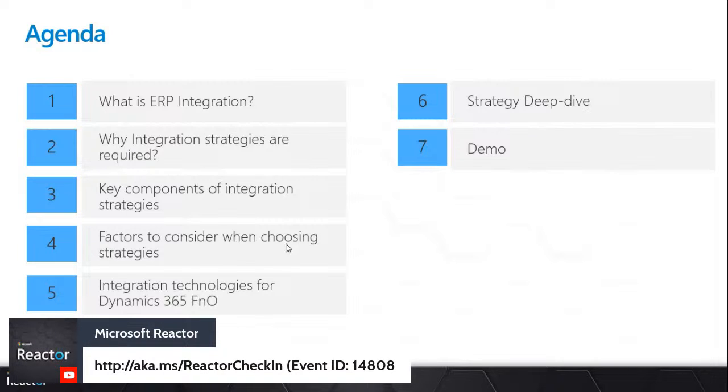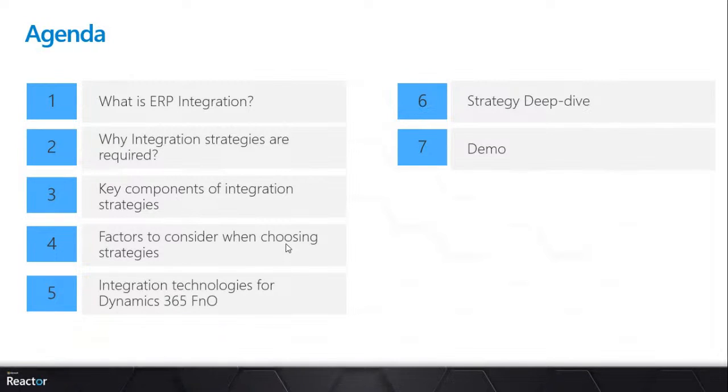Then I want to dig in a little deeper and talk about each part of the integration strategies, which will be helpful while designing the solution for Dynamics 365 FNO, predominantly using Azure Integration Services, also known as AIS. Then a demo, of course, to give everybody a sense of how easy this stuff can be, and then we will finish it up with questions and answers.